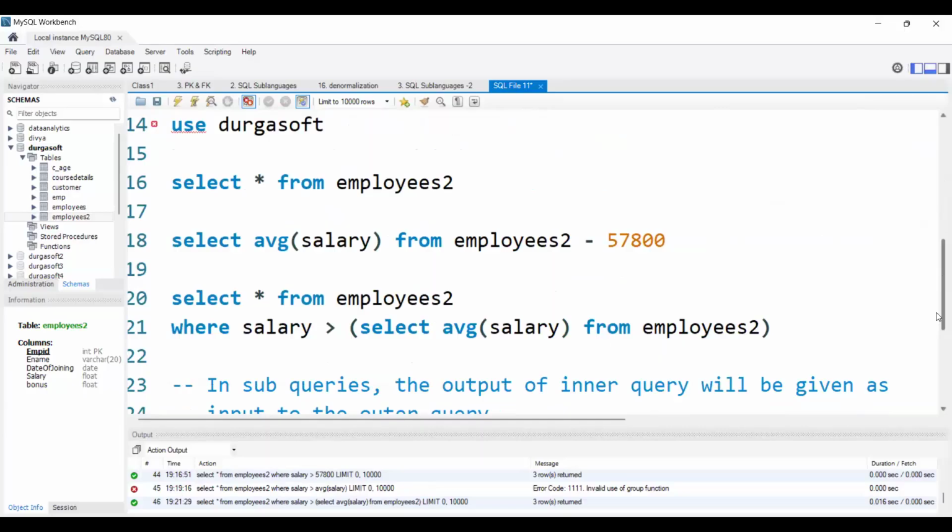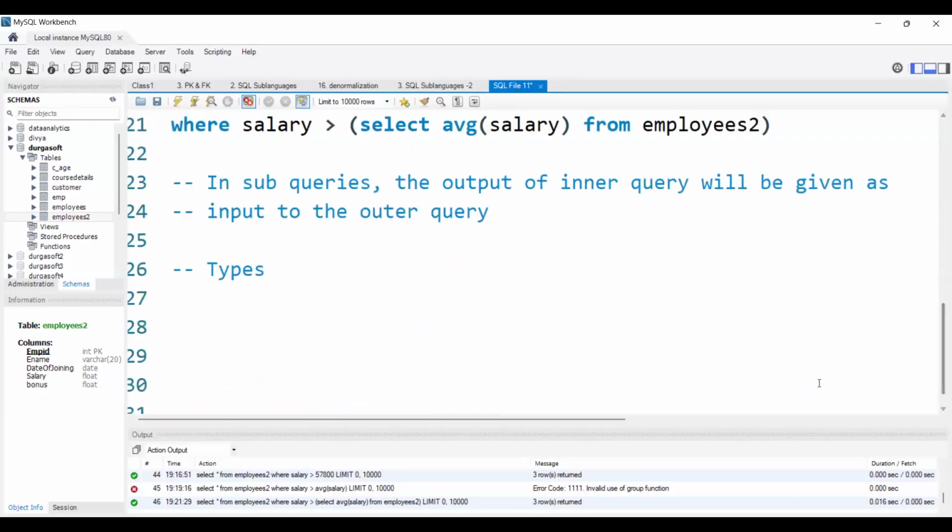In real time we work depending upon the requirements of the client, and no one will check which concept we are using. It is up to their choice; if anyone feels another concept is easy, they will use that. Actually, we are not supposed to use subqueries frequently in real time, because there is one disadvantage.